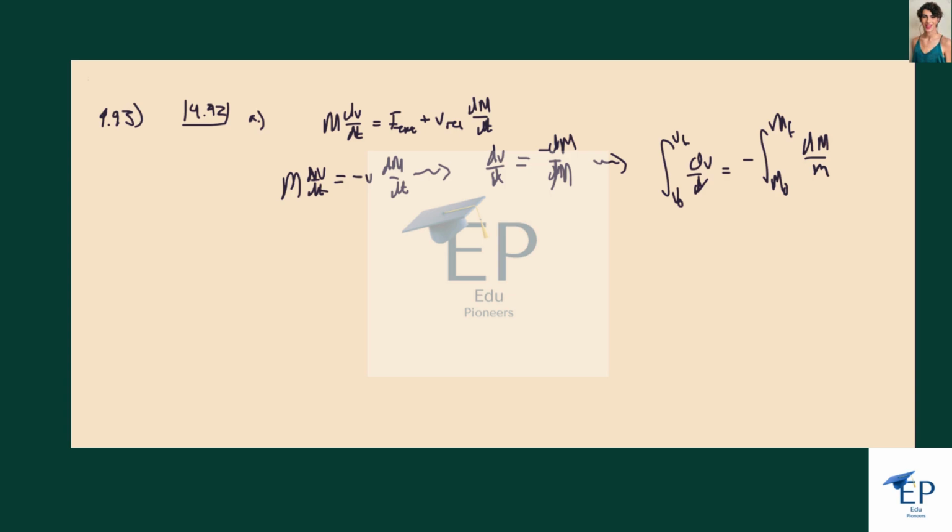So the integral of 1 over x is the natural log, so this becomes natural log of v final over v initial equals negative natural log of the final mass over the initial mass.